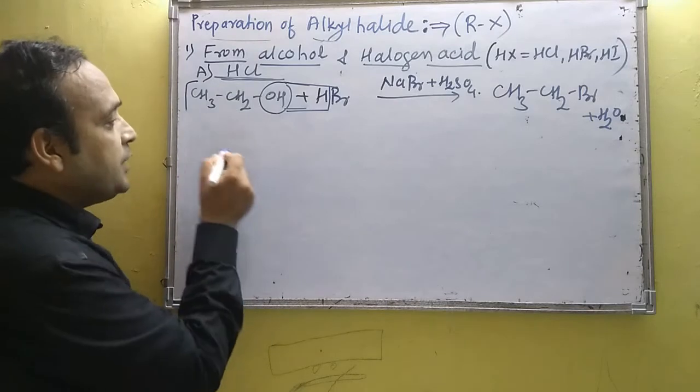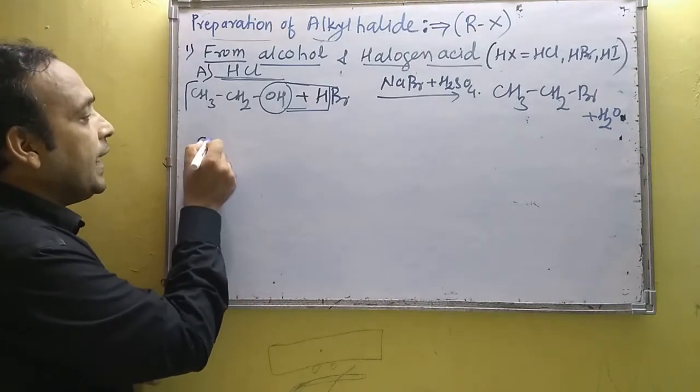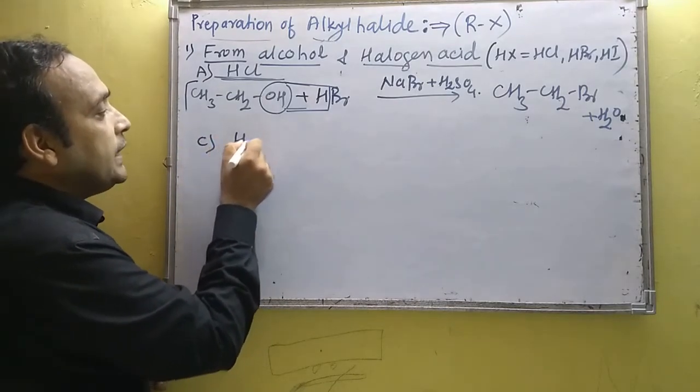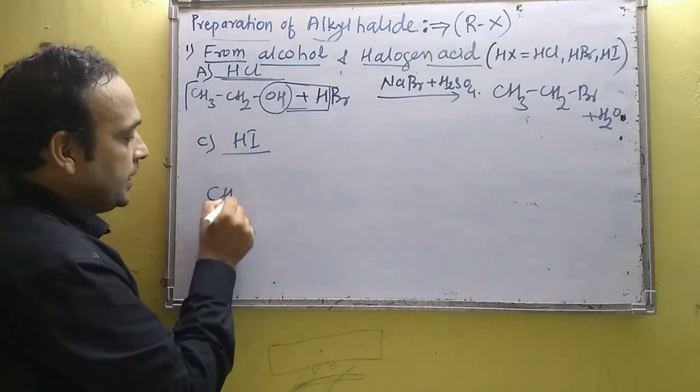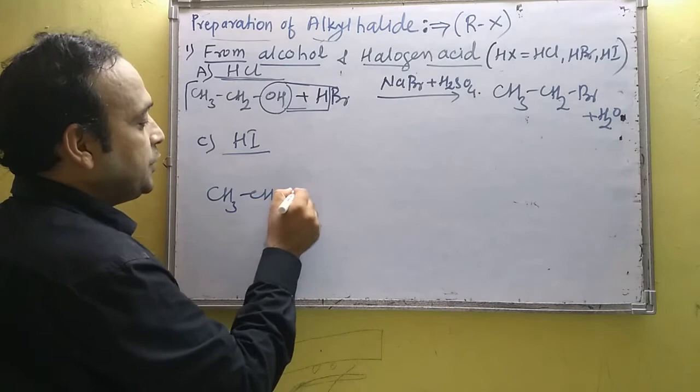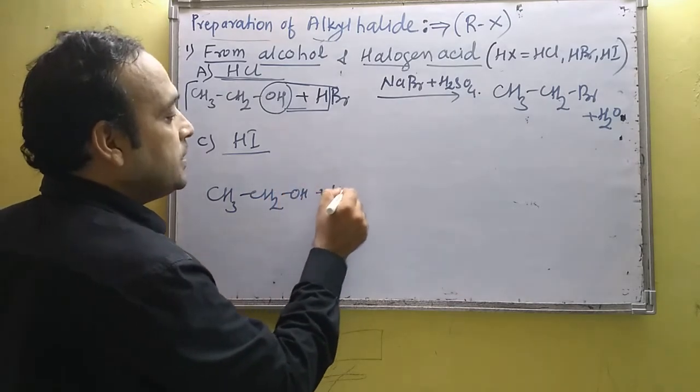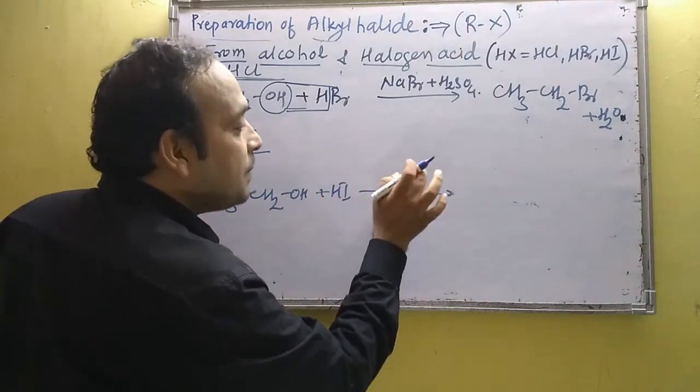Now instead of HBr, suppose the reaction takes place with HI, hydroiodic acid. Alcohol is given, CH3CH2OH plus HI. What is my arrow condition?